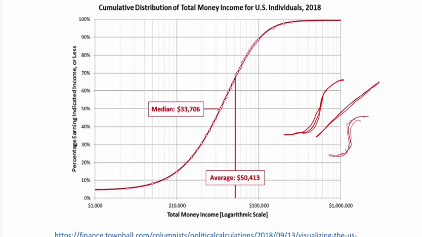A straight line would be totally uniform, and something with a big peak in the middle is going to be more S-shaped.